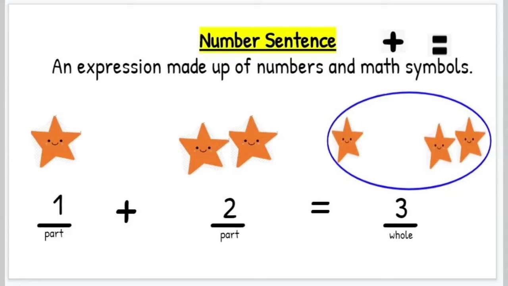Here we have one part, our first part, this cute little star, 1 star, and there's a math symbol, that addition sign, plus 2 more stars, equals the same thing as that whole amount of 3. So that's what a number sentence looks like. We're going to use those today to help us organize our thinking.